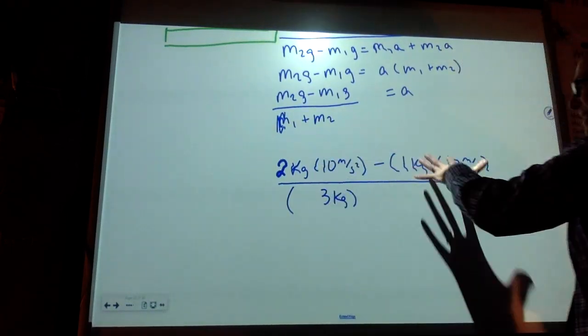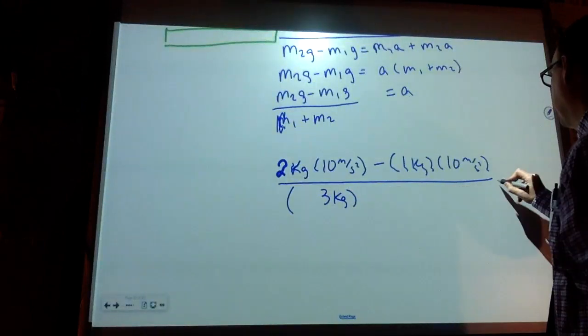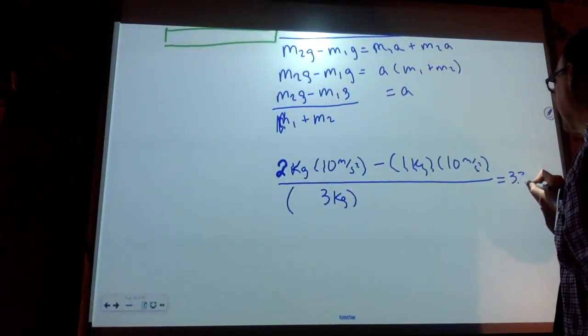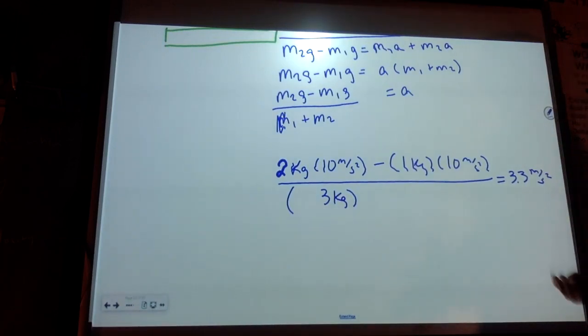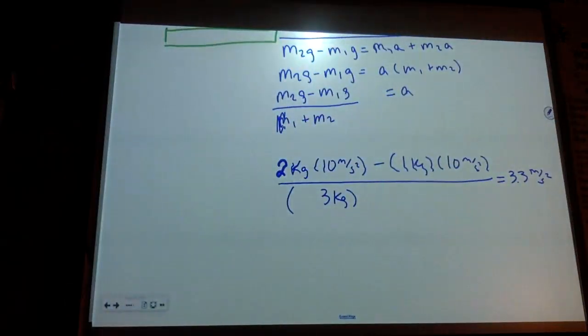So I have 20 minus 10, which is 10, 10 divided by 3, and I have an acceleration's magnitude, which is 3.3 repeating.